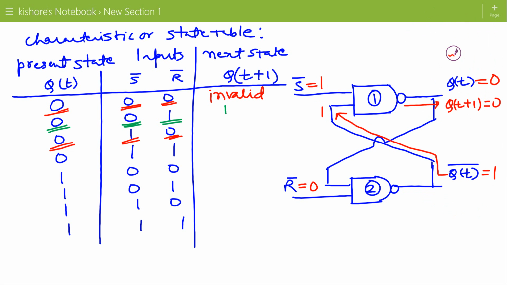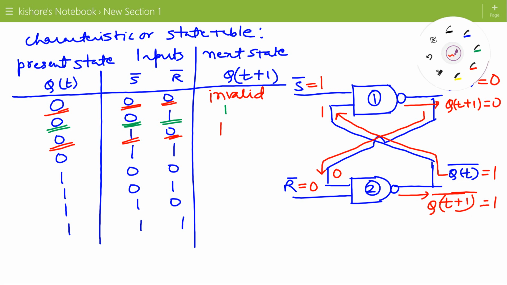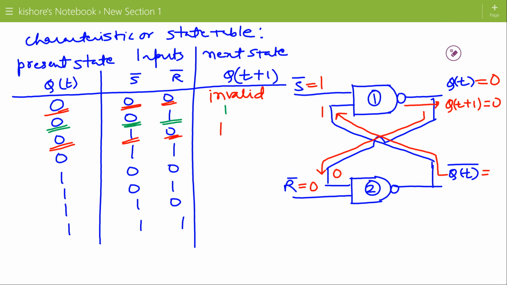Now output of first NAND gate is the feedback input for second NAND gate, that is 0. So 0 and 0 is 1. So QT plus 1 bar is 1. This is again valid state because QT plus 1 is 0 and QT plus 1 bar is 1. So next state is 0. Now we'll check the fourth condition.